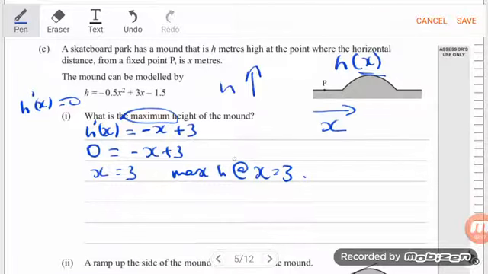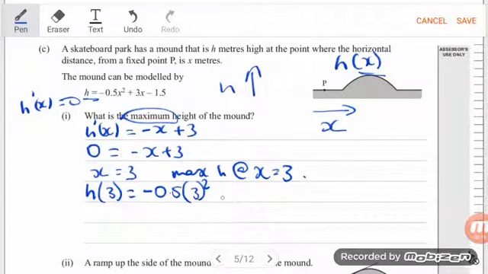They want to know the height, so that means we need to use the original equation. So height is going to be negative a half times 3 squared, which is 4.5, minus 4.5 plus 3 times 3 minus 1.5.